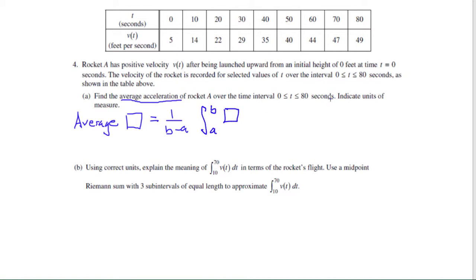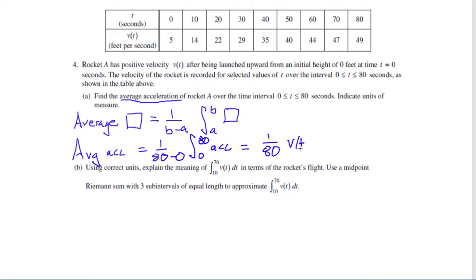So if I put that here, I can write this out a little bit more. Average acceleration is equal to 1 over 80 minus 0, integral from 0 to 80 of acceleration. And that is going to be equal to 1 over 80 times, and then if I take the antiderivative of acceleration, I'm left with velocity.